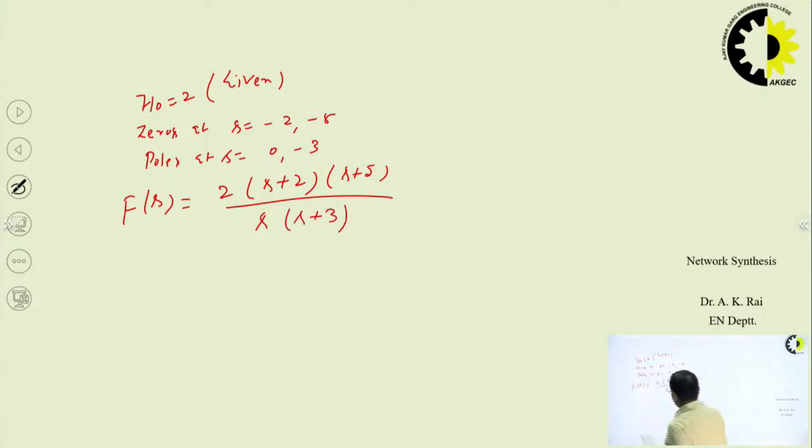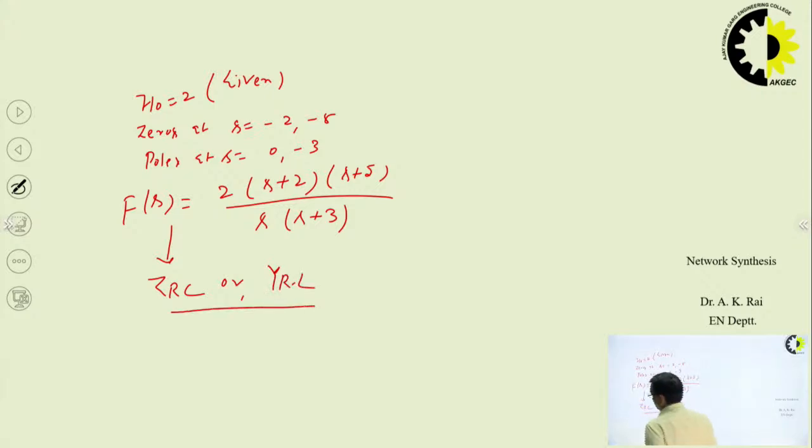Okay. Now that you have the network function, you can find from the properties whether it is ZRL or YRL or ZRC or YRC, and then we can proceed. So, the given function is ZRC or YRL.